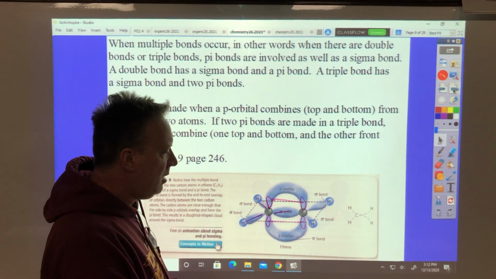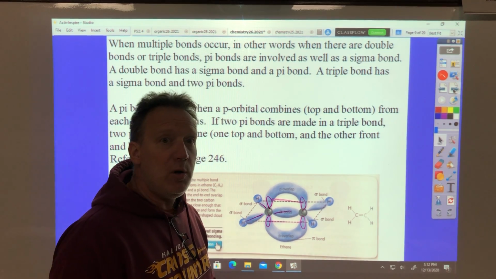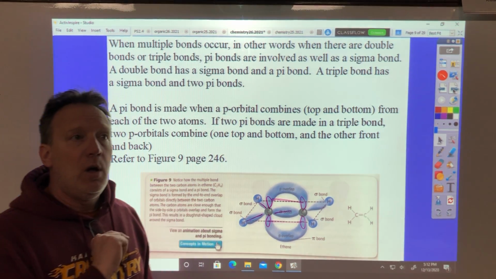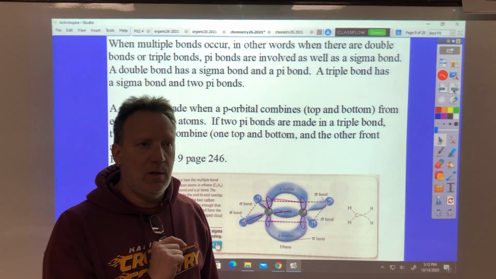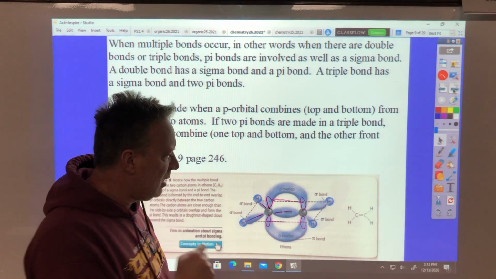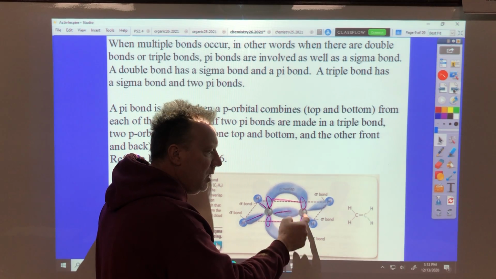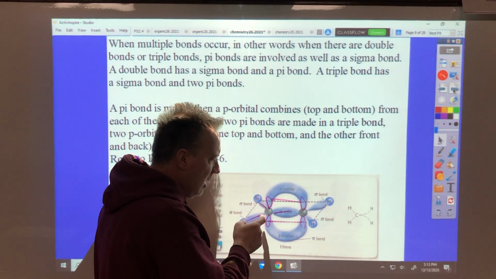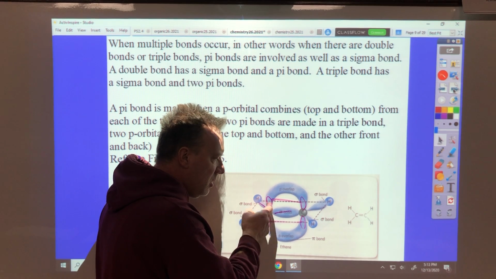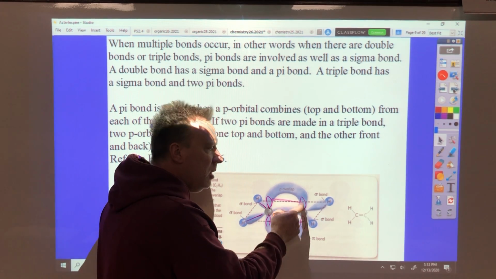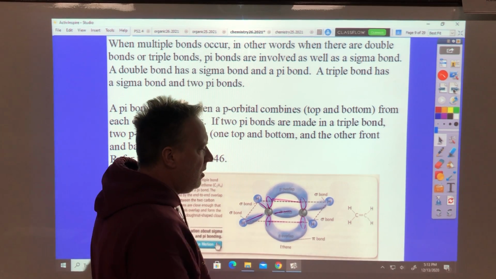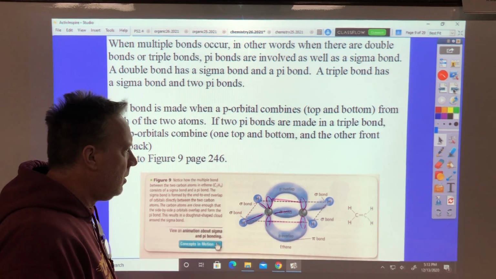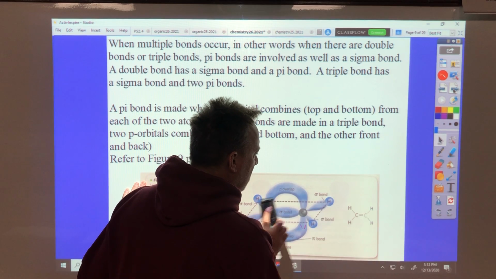And you can say, no, wait, you just said no. Remember, your p orbital can have a maximum of 2 electrons. So if it's sharing, you've got 1 electron in this p orbital, and you don't know where it's going to be, top or bottom. You've got an electron in this p orbital, you don't know where it's going to be, top or bottom. So this is 1 orbital, this is 1 orbital, and they share that electron. And the pi bond overlap.